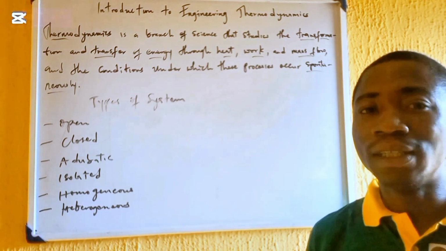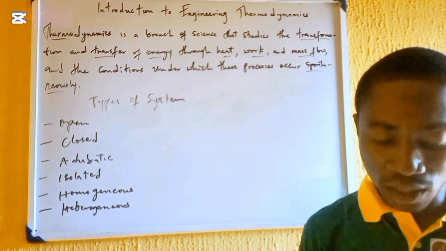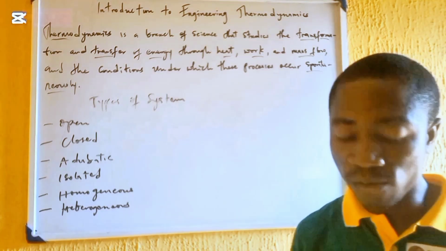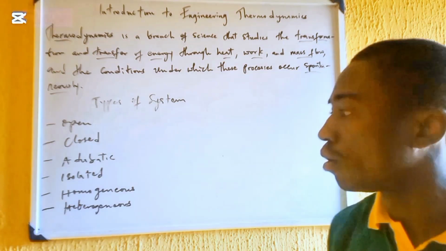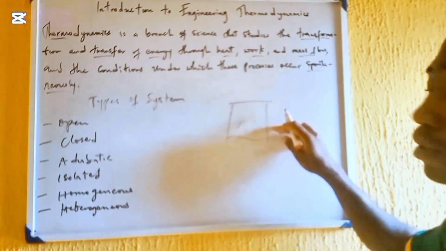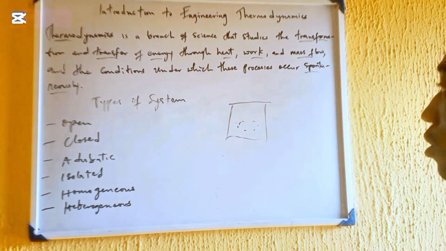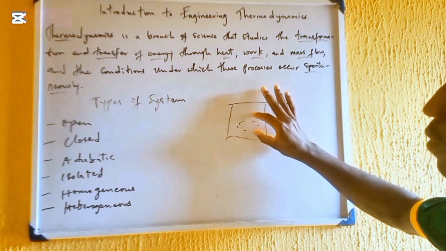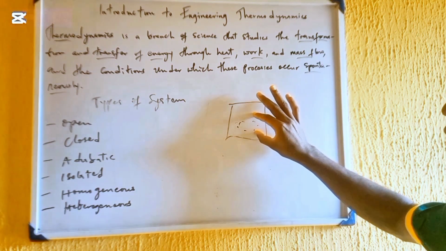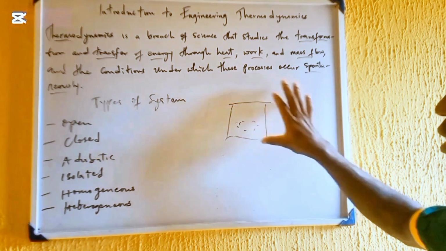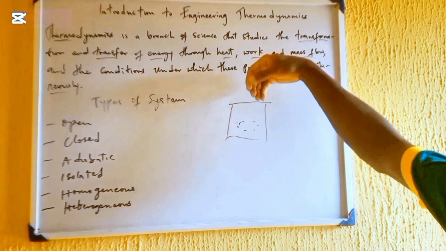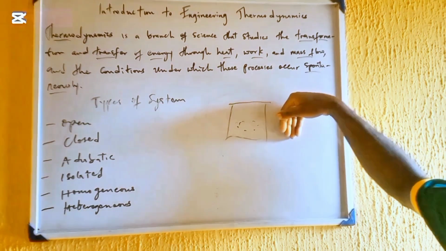But that doesn't mean that there can't be energy transfer. Energy, of course, can be transferred across the boundary in the form of heat or work. Now, assuming I have chemicals inside this container and it's sealed, when a chemical reaction happens here and produces heat, if this container can allow the flow of heat, you notice that you begin to feel heat outside the container.